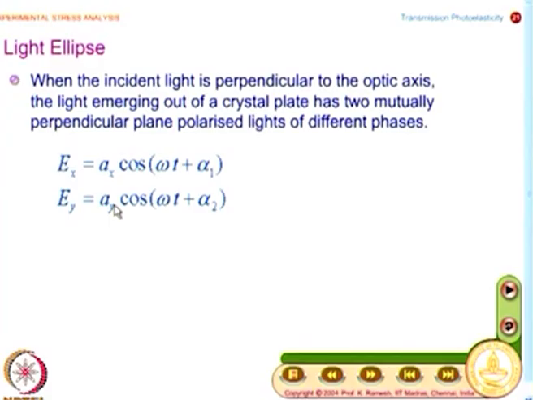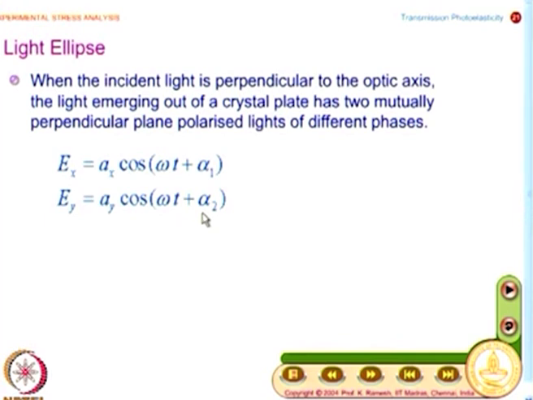We are taking a very generic situation, we keep the amplitudes different, and we also have some absolute phase. A generic representation will also have an absolute phase, alpha 1 can be 0 in a particular case, and you represent the second wave as omega t plus alpha 2.